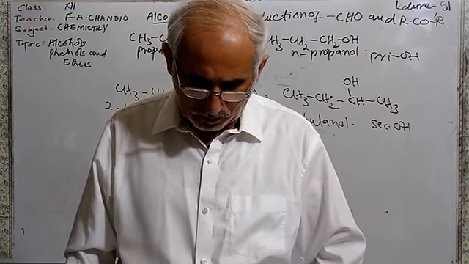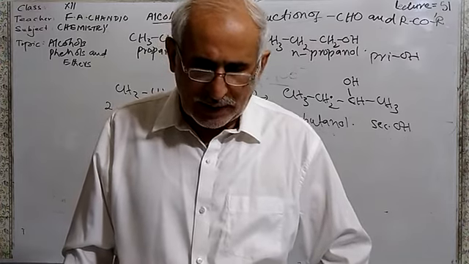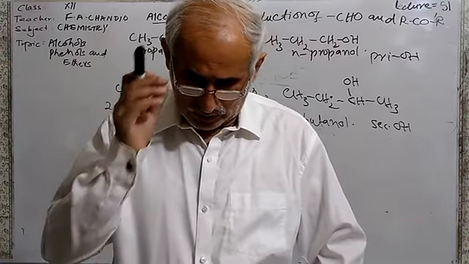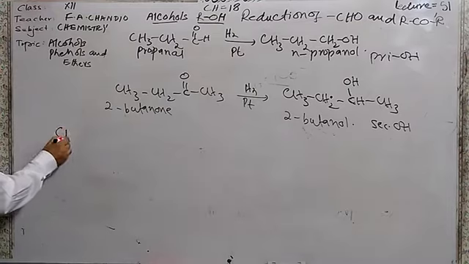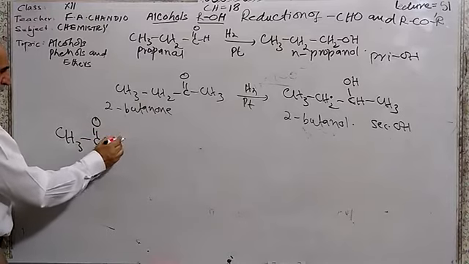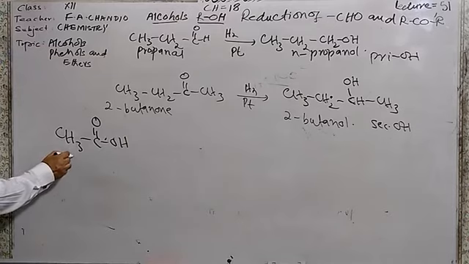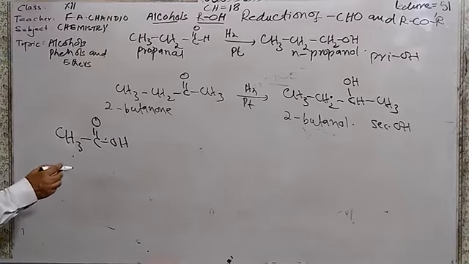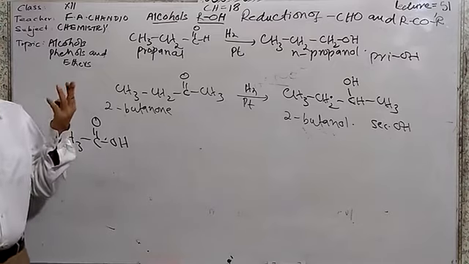Carboxylic acid. Carboxylic acid is not going to be reduced by hydrogen directly. It is reduced by a very powerful reducing agent, lithium aluminum hydride, or we can use two reducing agents.